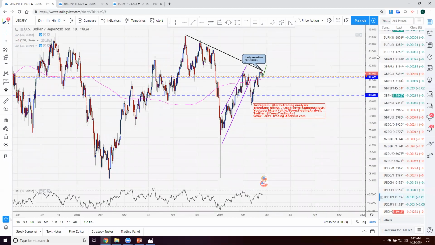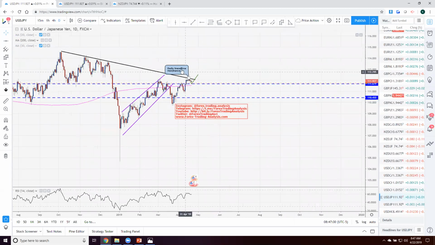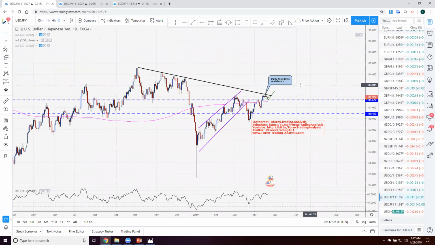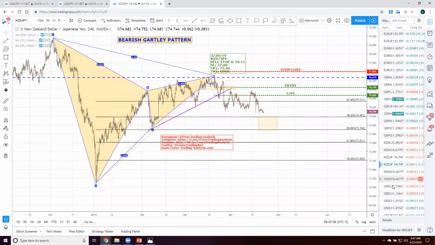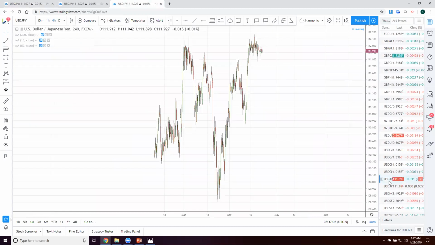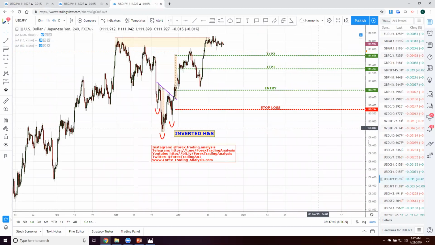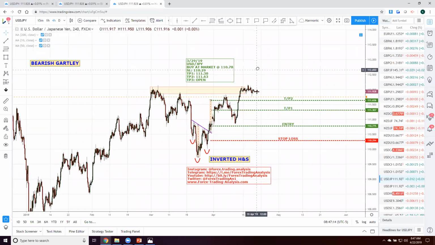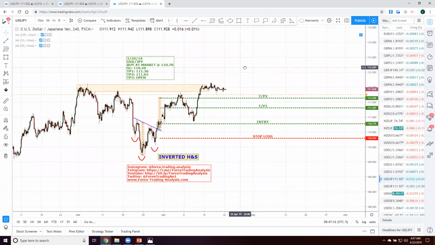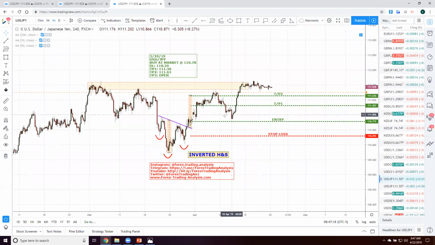Last but not least, dollar yen. Mark this daily resistance in tandem with... we had a long trade in this last week, or actually the 29th of March, so almost a month, 3 weeks now. So we traded this inverted head and shoulders.